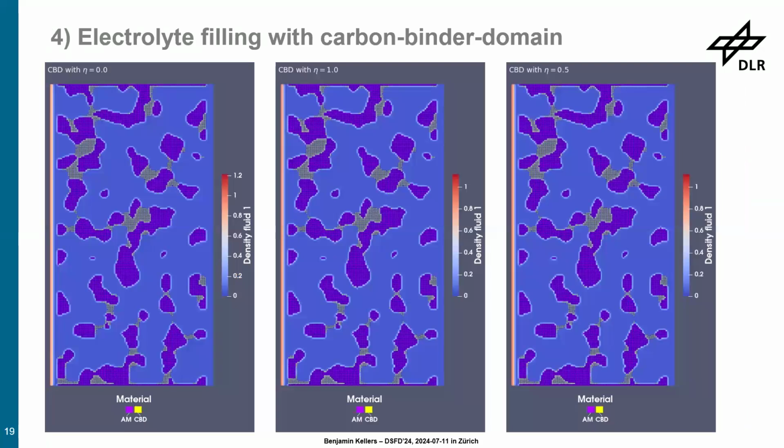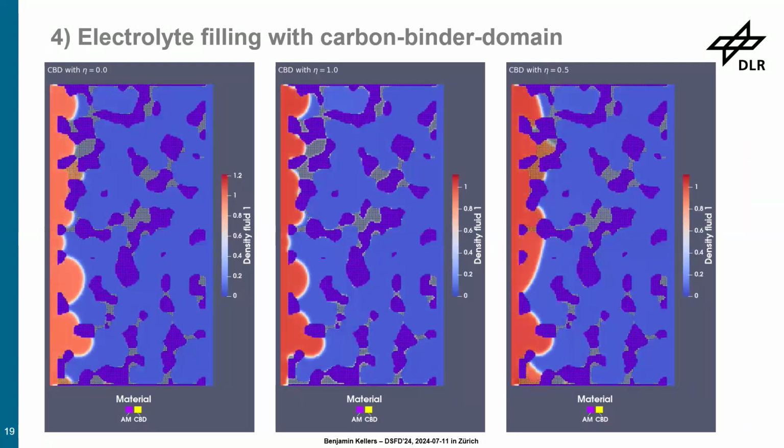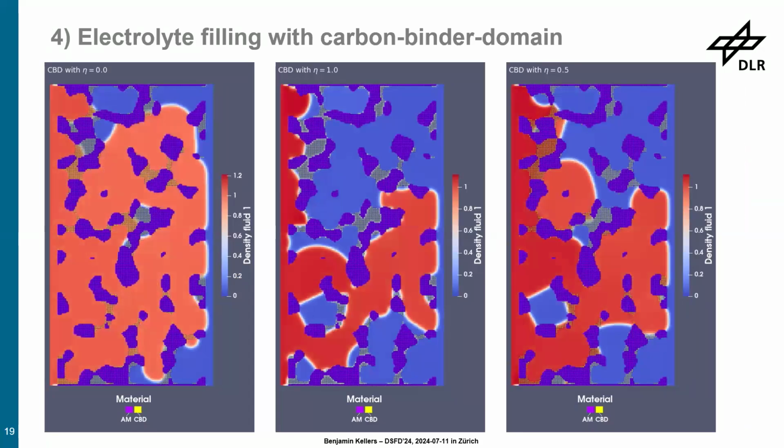Here is some form of real-world application in 2D. I just generated a structure that looks very similar to a battery material with the binder added in yellow. And here you can see, in the beginning, we were only able to neglect the binder completely, that is the case on the left, or to make it fully solid, that is the case in the middle.